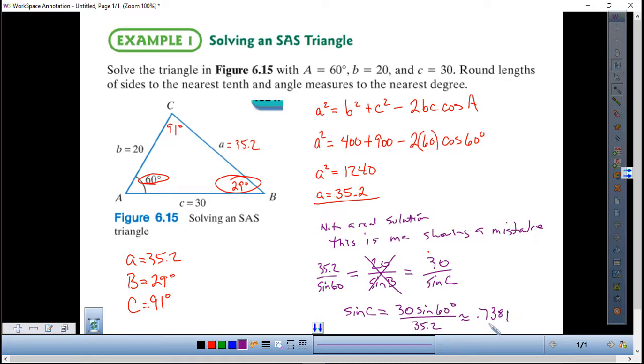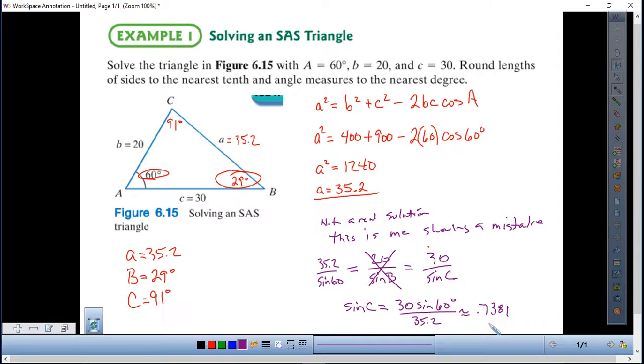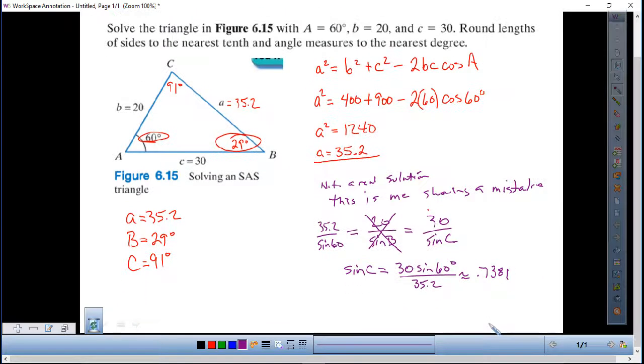Now, once again, I'm not knocking off any decimal places in the calculator. I'm just rounding to 4 decimal places for what I write down. So when I do the inverse sine of that value, I get 47.56.